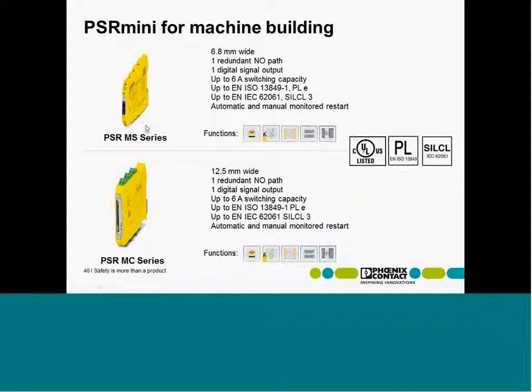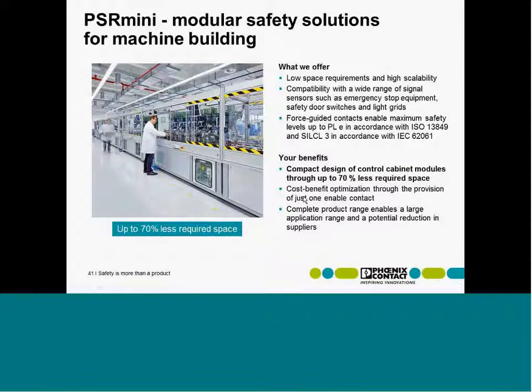With the MC series, we will be able to have just 50% space requirements compared to a classical relay. In other words, wherever we have low space requirements and high scalability, the PSR is a very suitable solution. Also, we are guaranteeing very high compatibility to any sensor signal, of course, with all approvals in your practical application.